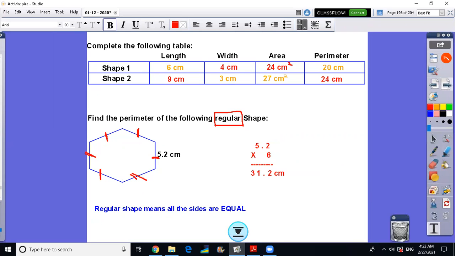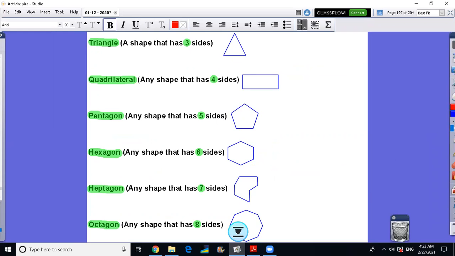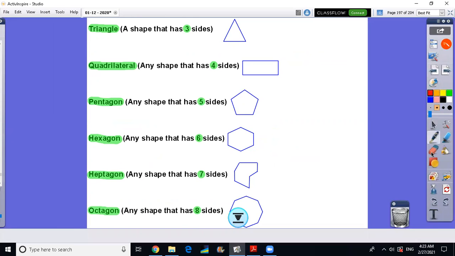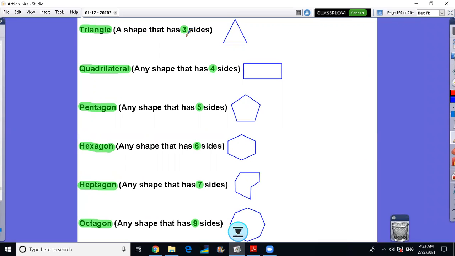All right. The next thing here is the triangle, which is just giving you the names of the shapes. We know a triangle is any shape that has 3 sides. You must also know that any shape with 4 sides is called quadrilateral. You must study this page, guys.